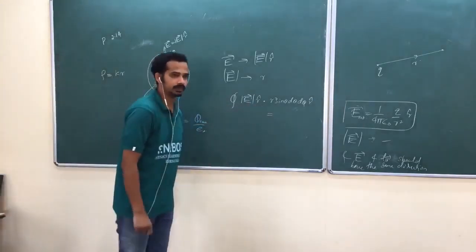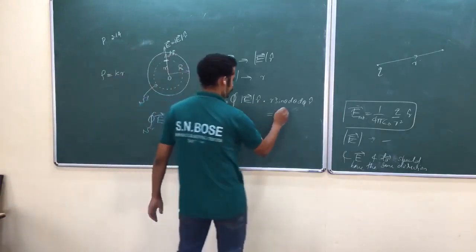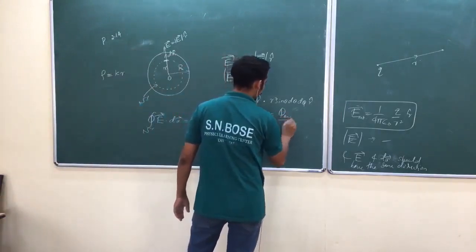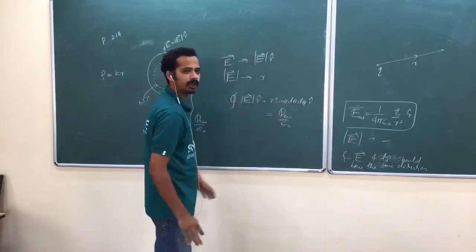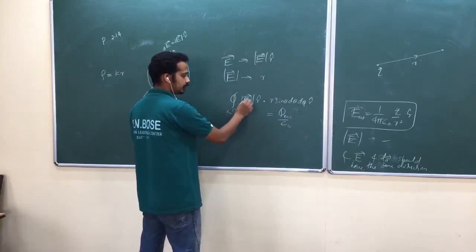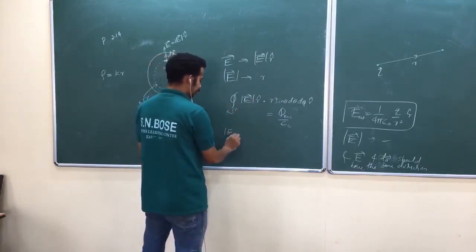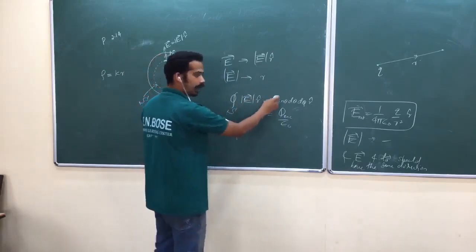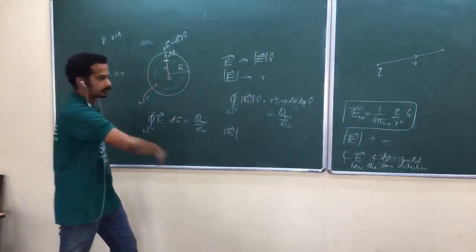We shall find that one. So for time's sake, let me write Q enclosed by epsilon naught. Now look here, this part remains the same. The electric field is constant throughout the surface, so you can take it outside. Mod of E, and R is also constant, the radial distance over the Gaussian surface.